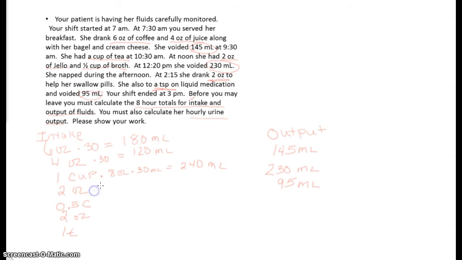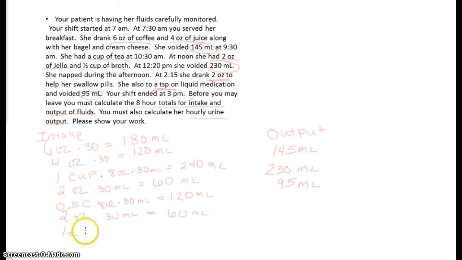I multiply by 30 mLs to an ounce, so this would be 60 mLs. A half a cup, so I'm going to convert by multiplying 8 ounces to a cup, multiplying 30 milliliters to an ounce, and so this comes out to be 120 milliliters. 2 ounces we did before, so we multiply by 30 milliliters per ounce, and we get 60 mLs.